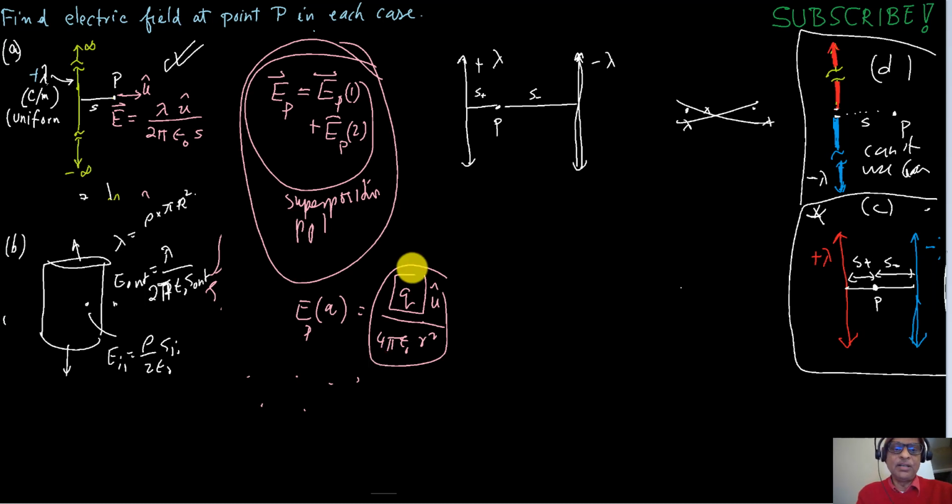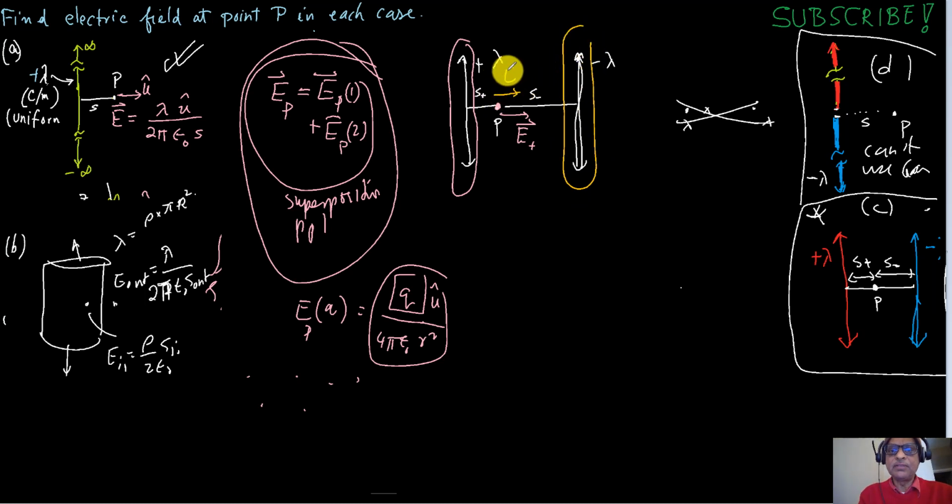And so applying the superposition principle using this formula, you will have the electric field from the plus entire thing as a vector like that, and then from the minus entire thing you'll have electric field also in that direction, because the lambda minus will flip the u hat, right?